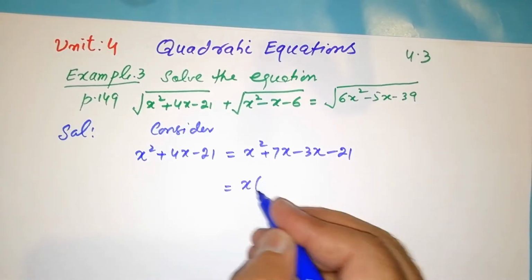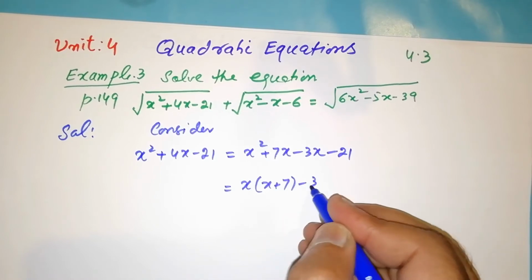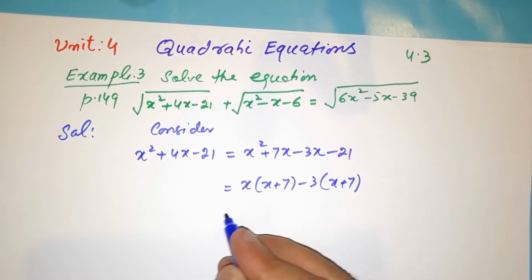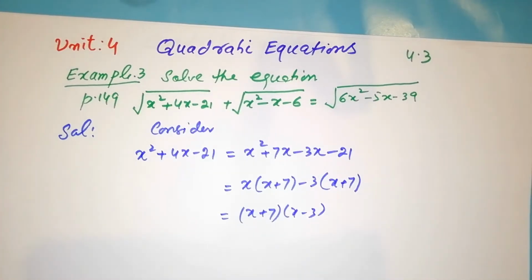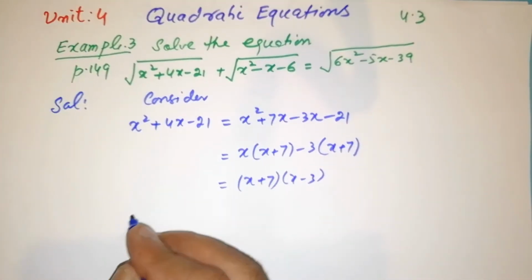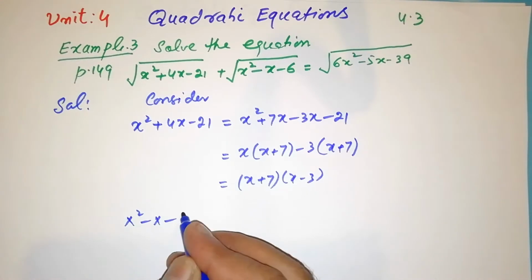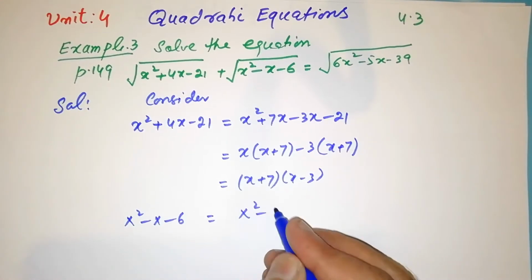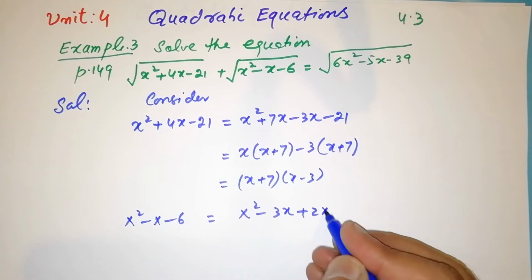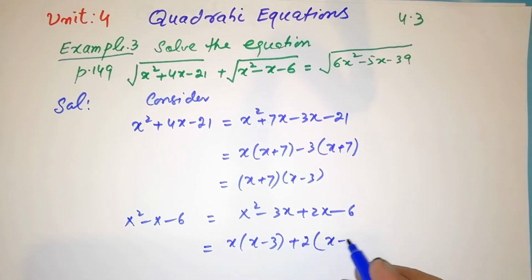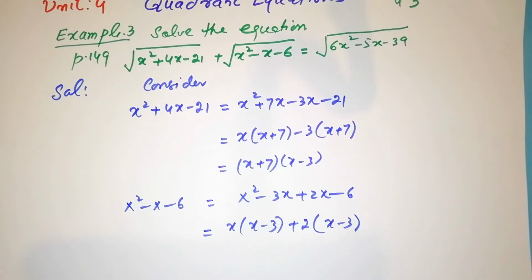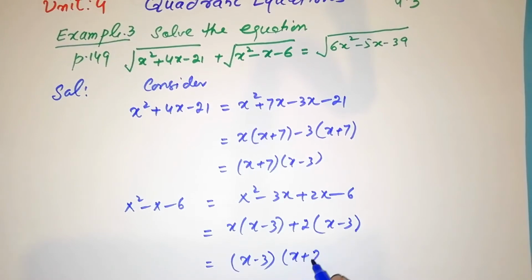So you see x common, x plus 7 minus 3, x plus 7, which means x plus 7 and x minus 3. Now we take the second term, x square minus x minus 6. This is x square minus 3x plus 2x minus 6, which gives x common ले लें, x minus 3 plus 2, this is x minus 3, which further gives on simplification this is x plus 2.